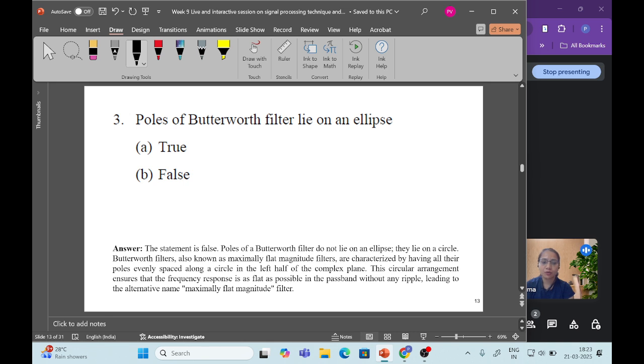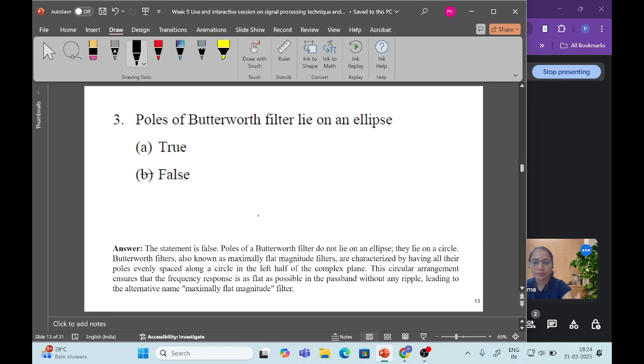This circular arrangement ensures that the frequency response is as flat as possible in the passband without any ripple, leading to the name maximally flat magnitude filter. So this statement is false. The poles of a Butterworth filter lie on a circle.